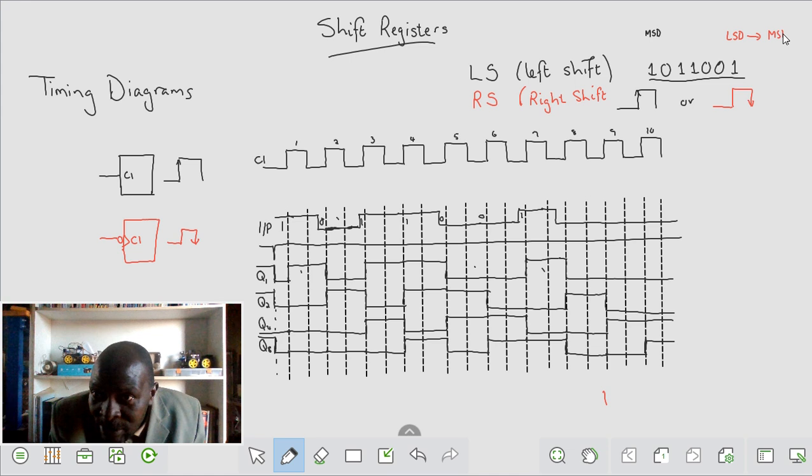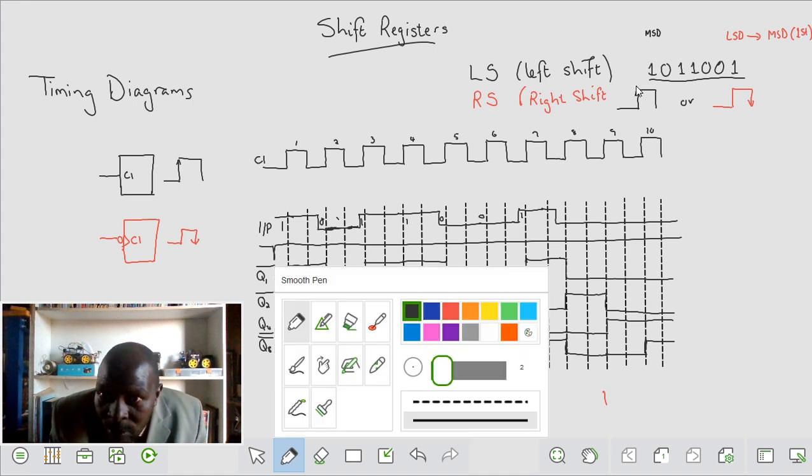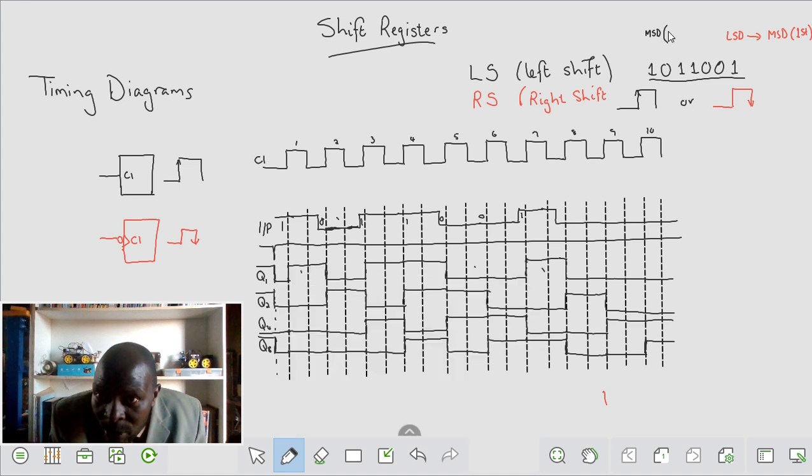LSD is going to go into MSD first, whereas in the other situation, MSD goes into LSD first. I must write that difference down.